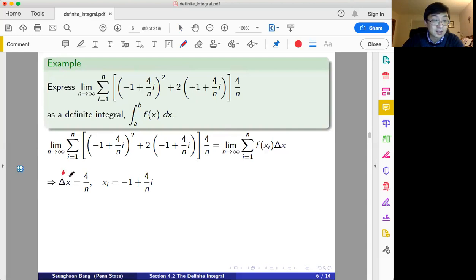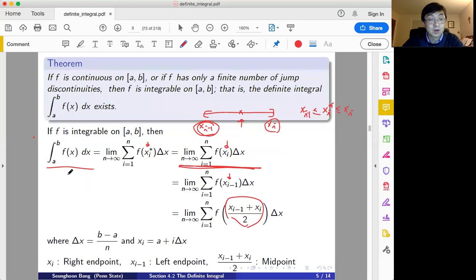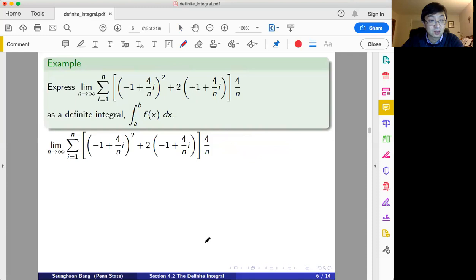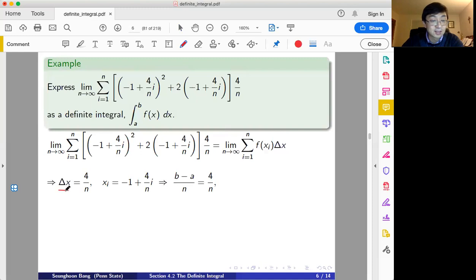From the previous one, delta x is b minus a over n. What is xi? Xi is a plus i times delta x. So you can plug in: delta x is b minus a over n, and the definition of xi is exactly a plus i times delta x.